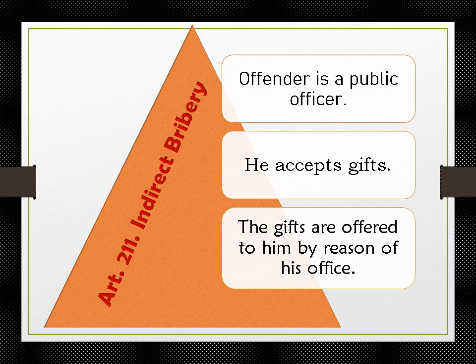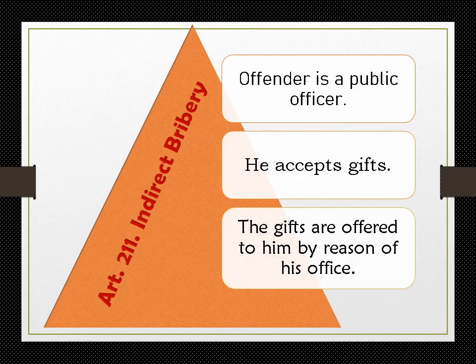Third difference is indirect bribery. Si offender or si the public officer, again, yung sinabi kong take note of the word agree. He agrees to perform, or he performs an act, or he refrains from doing something, and the reason he is doing that is because of the gift or the promise. Pero pag pinag-uusapan mo si indirect bribery, it is not necessary that the public officer should do any particular act or even promise to do an act.